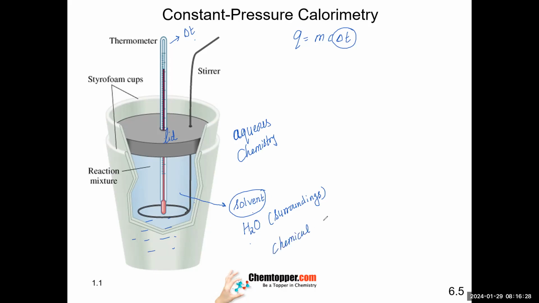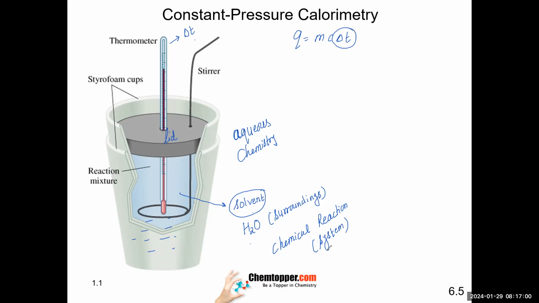So the chemical reaction is the system. Whatever substance you are adding in this coffee cup calorimeter is getting dissolved in water. Then the water is taken as the surroundings always. Remember this line, okay? And the reaction is taken as the system.